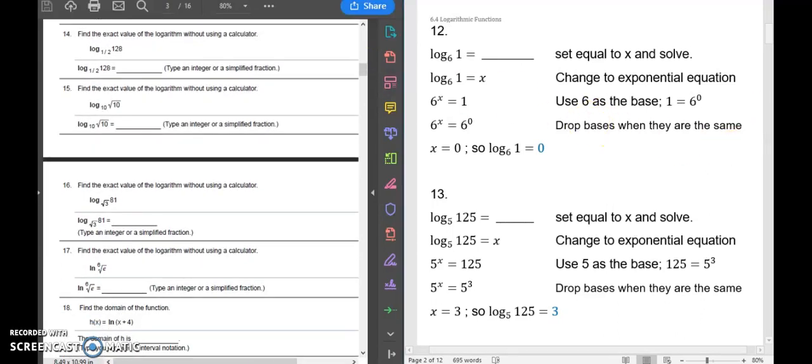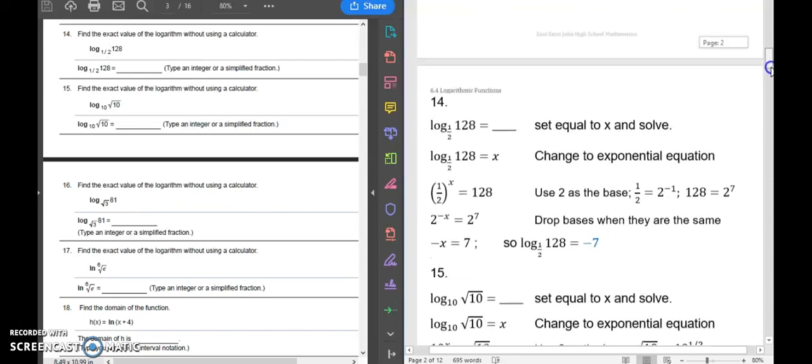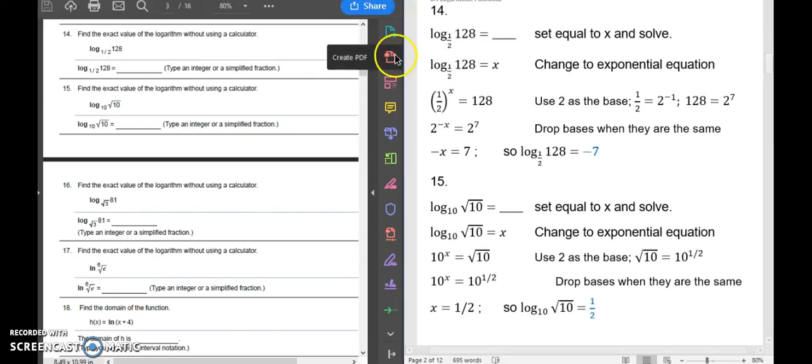Number 14. We have log base 1/2 of 128, and we're trying to figure out what that value equals. So first we want to change it to an exponential equation. Remember, we're trying to figure out what is that exponent that we can raise 1/2 to so that we get 128.